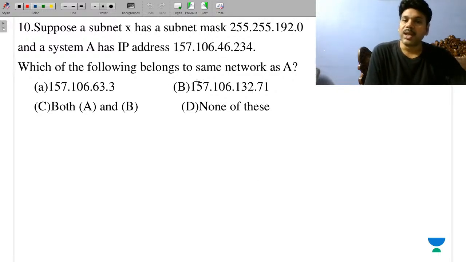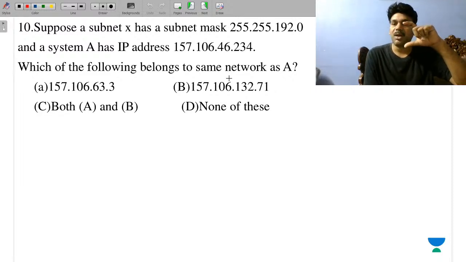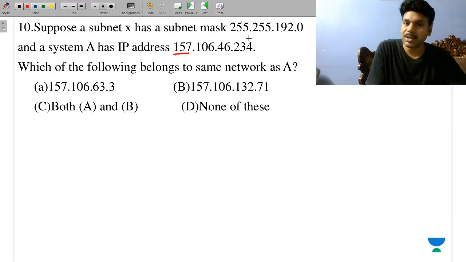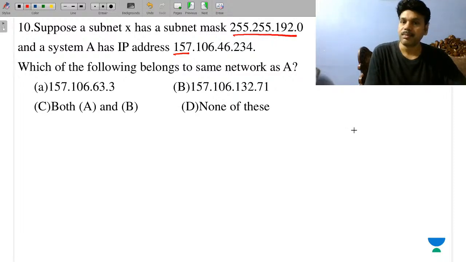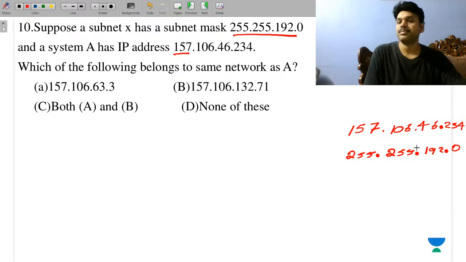Which of the following IPs belong to the same network? Same network in the sense all the IP addresses must belong to the same block only. So take your IP. This is also a classful mask. 157.106.46.234, and your mask is given 255.255.192.0.